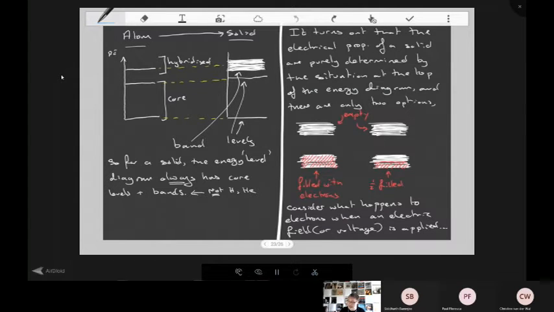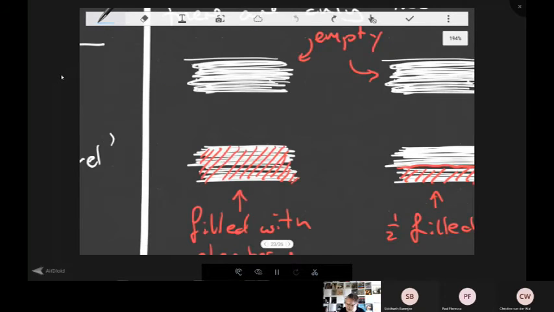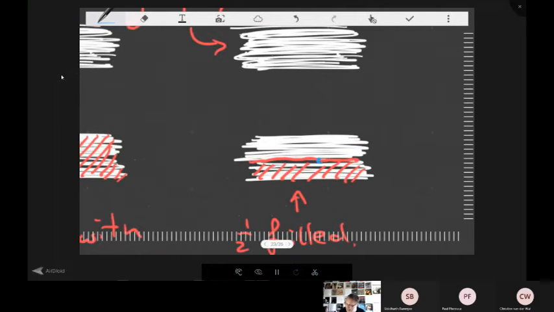So half-filled bands are different. If you look at half-filled bands, they're fine because I've got an electron sitting there and it's got lots and lots of empty orbitals next to it. Lots and lots of empty options in the band next to it. So it can accelerate and then get knocked down and accelerate and get knocked down.